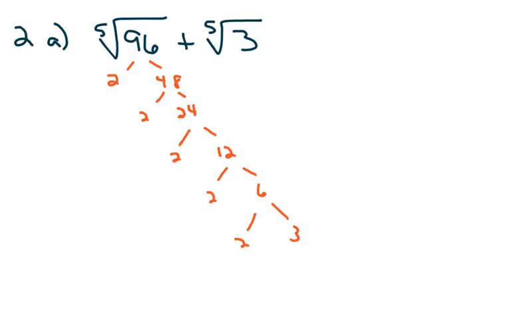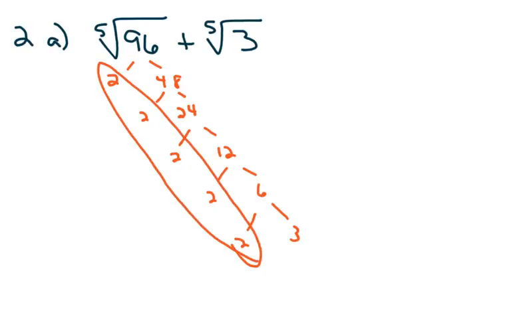A fifth root says, can you take out a group of 5 of the same number? Well, I want you to notice there are 5 2's. So we're going to take out a 2. But I can't take out the 3 because there aren't 5 of them, so I'm left with the fifth root of 3.